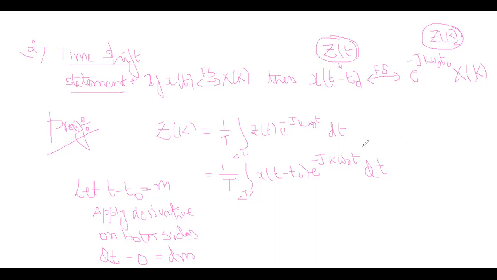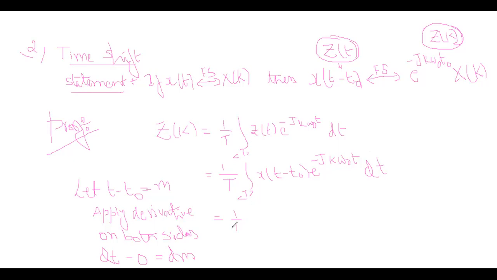Now I am changing the variable t to m. The limits are the same, there is no change, because from minus infinity to infinity, whatever the t range is, the m range is also the same.